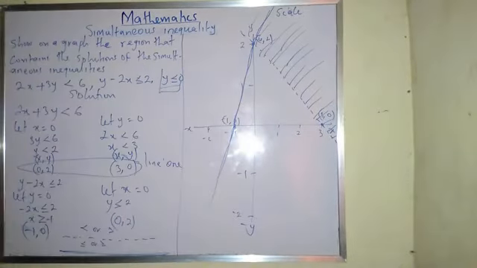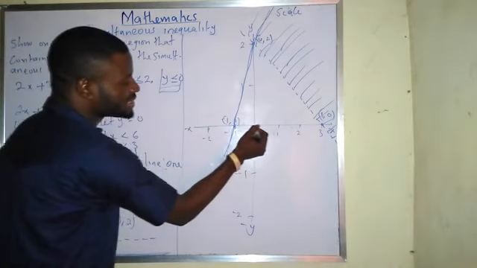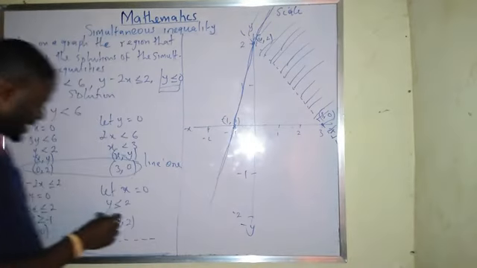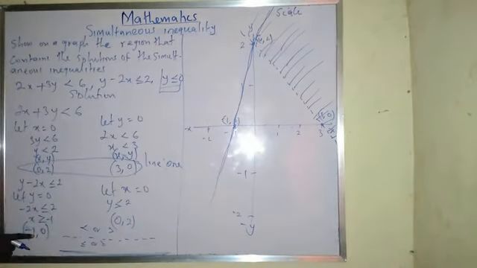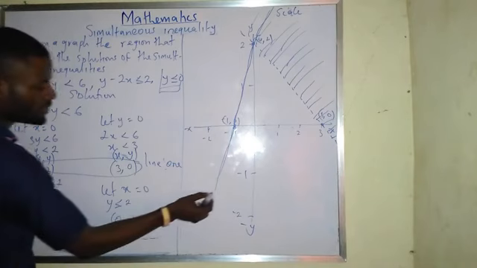Now, how do I make my region? Go to your x and know what your sign is saying. Now, your sign is telling us greater than or equal to. It means all numbers here are greater, and the numbers here are less. It means the lesser numbers of x should be blanked out.